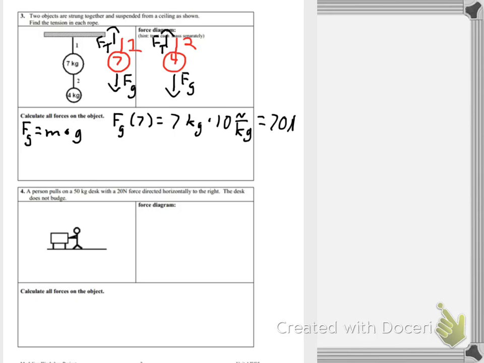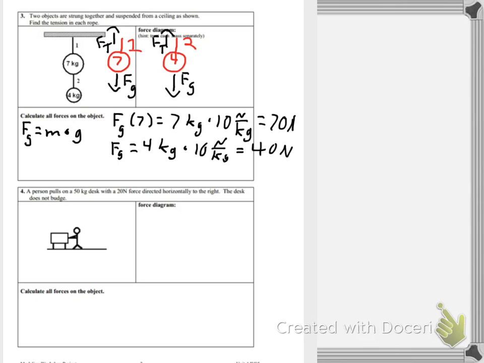If I want to do it for the 4 kilogram mass, F of G was 4 kilograms times 10 newtons per kilogram. So that ends up being 40 newtons.